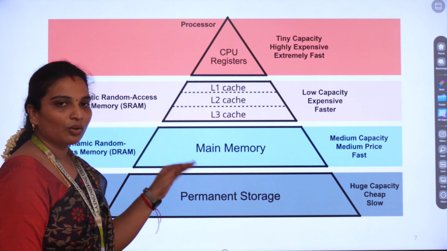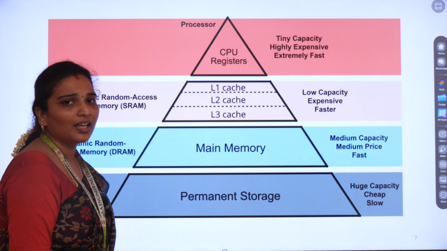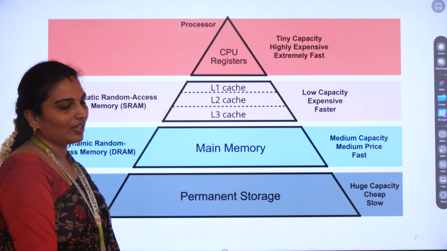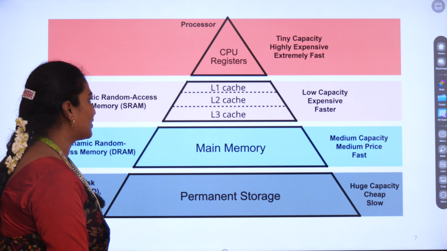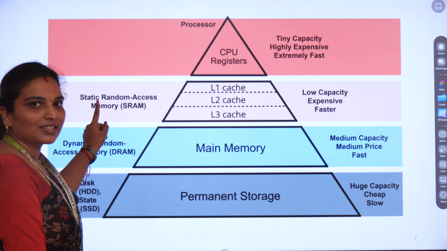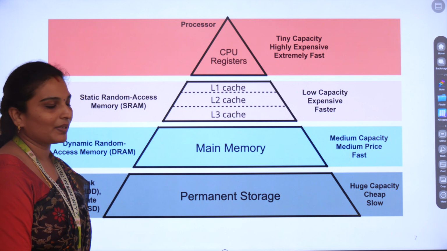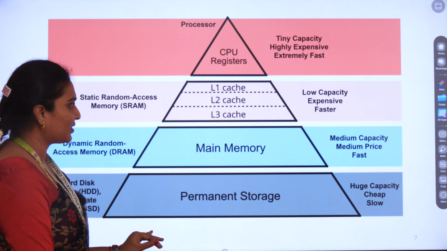The capacity is low, but the cost is very expensive compared to main memory and permanent storage. This cache is subcategorized into 3 levels, named L1 cache, L2 cache and L3 cache. Static random access memory, SRAM, is the component on which this cache memory is based.